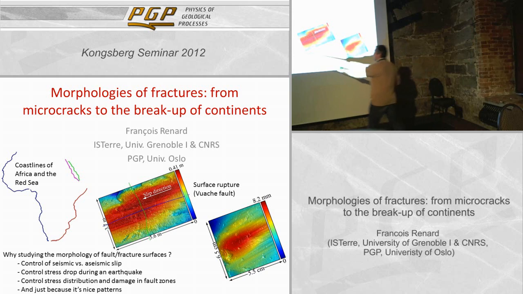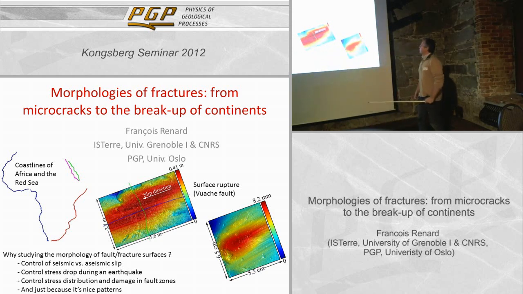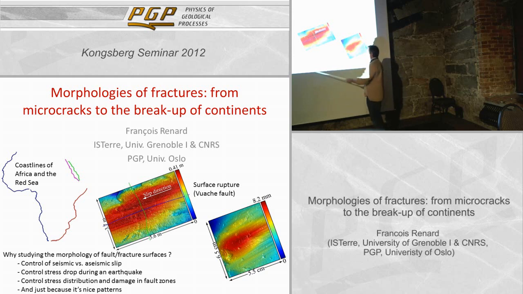And can we say something about the shape of this kind of continent compared to the shape of a fracture? We started that like 3 or 4 years ago because in Grenoble seismologists were interested in that. They were asking, for example, when you have a rough surface like that and you have an earthquake, would you have a seismic slip, or would you have just a creep?